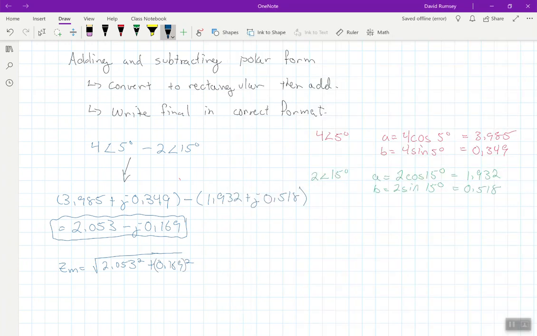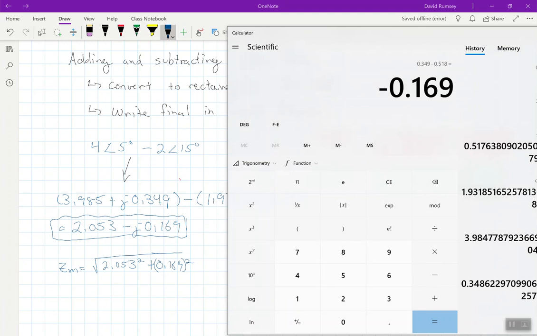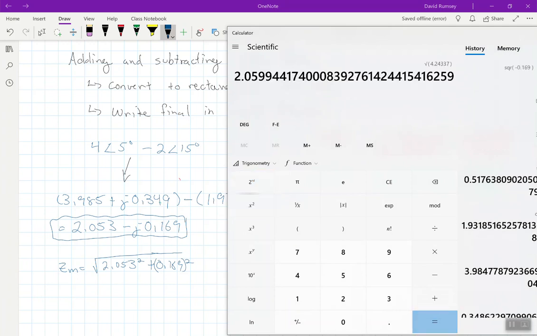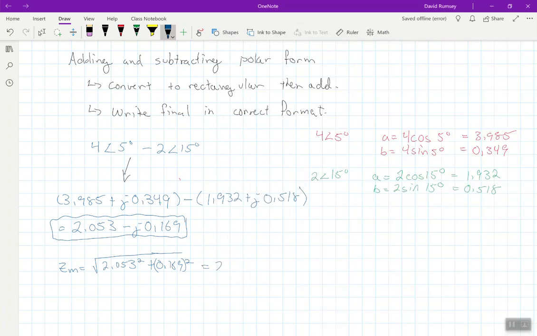Technically it's a negative in there, but it's going to just become positive. So 2.06. And if you were to plot this, this is in quadrant 4.